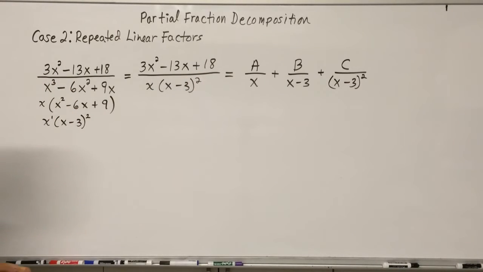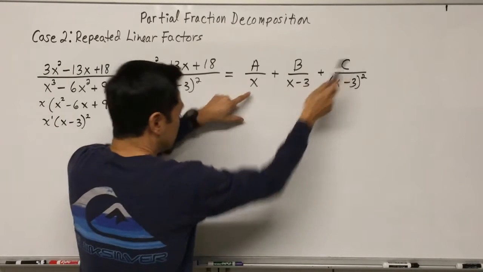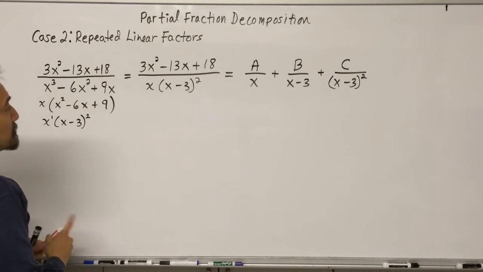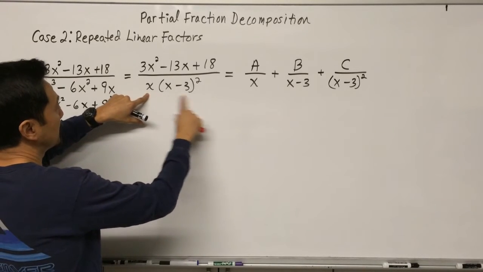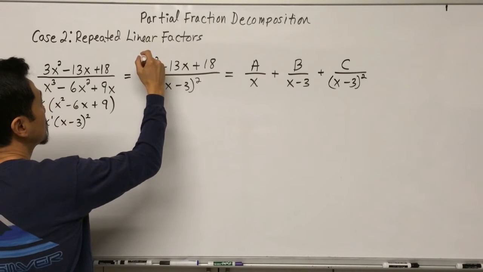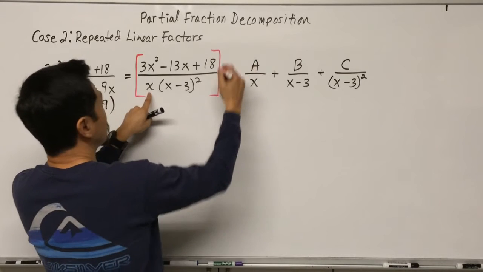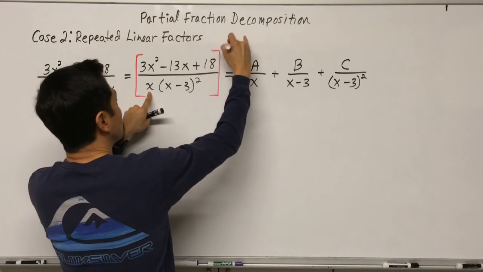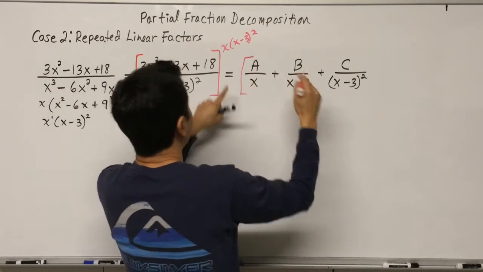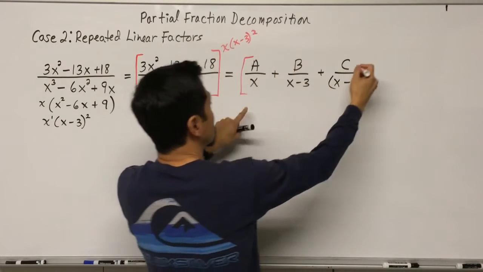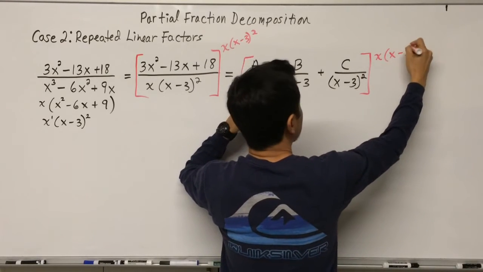Alright, now it's our job to find the values for a, b, and c. So we're going to multiply both sides of the equation by this denominator here. Imagine that you multiply this left side by x times (x minus 3) quantity squared, and then you multiply the right side by that as well.